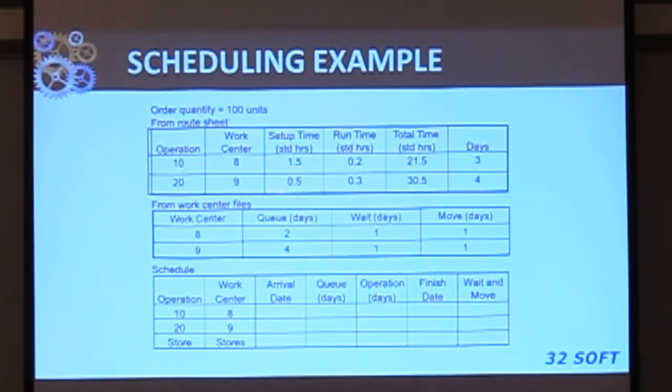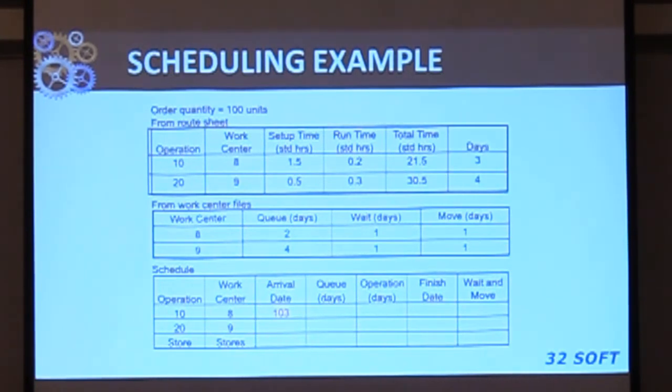Operation 20 has a 0.5-hour setup and 0.3 runtime, times 100, is about 30.5 hours, which is 4 days. Now, based on my work center data, work center 8 has 2 days of queue, 1 day of wait, and 1 day of move, which we saw from the work center file. Work center 9 has 4 days of queue and 1 and 1. And so now I can simply go in and calculate what my values are.